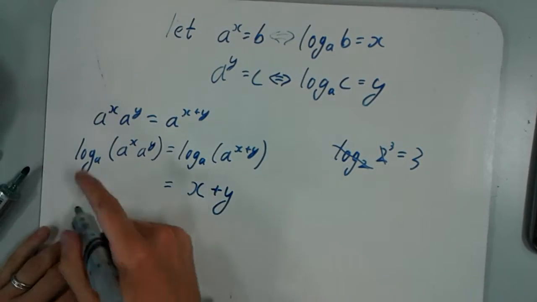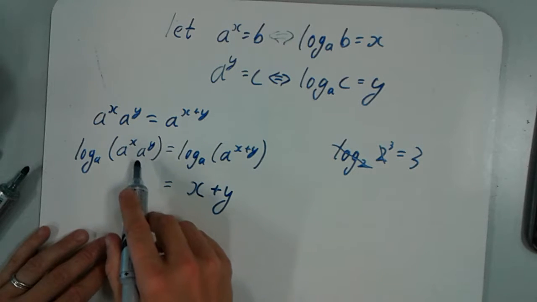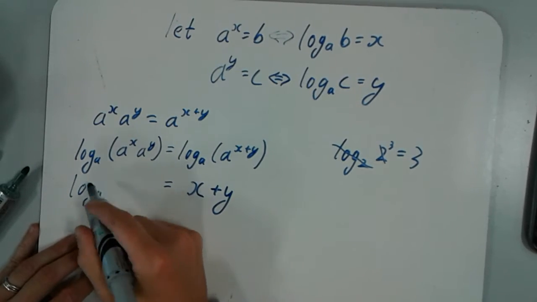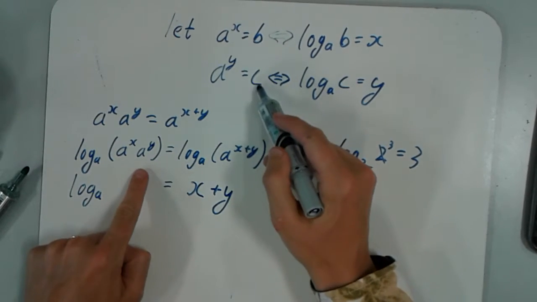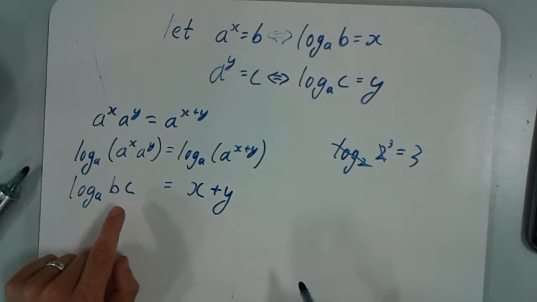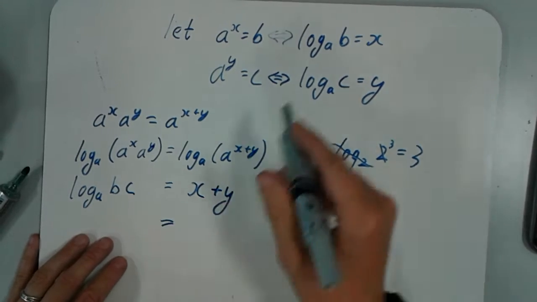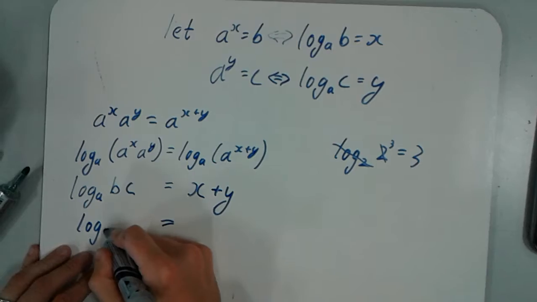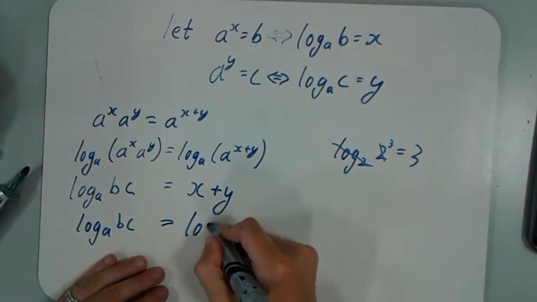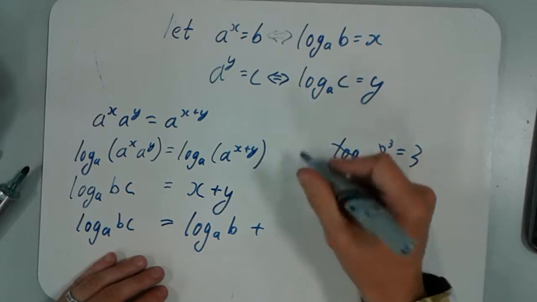Okay, so that has told me that log base a of a^x times a^y, which we can write as log base a of b times c, is equal to x plus y. But earlier on, I saw that x was equal to this and y was equal to this.